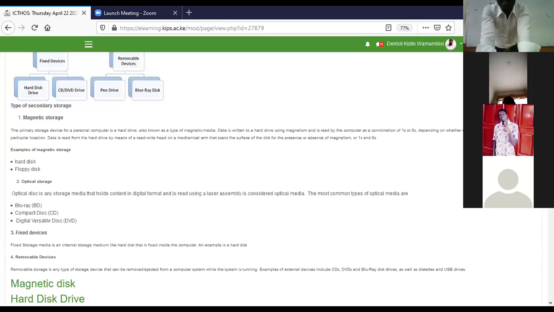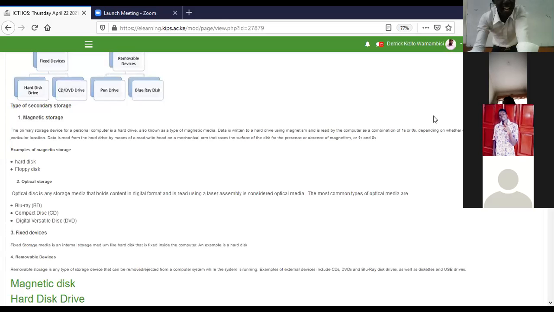Now, another classification under secondary is what you call fixed and removable. We said fixed, there are those devices that are internal, inside the system unit, the housing of the computer. So you cannot take it out quickly. The removable ones are not inside, just plug it into the machine, you use it, then you unplug it again.